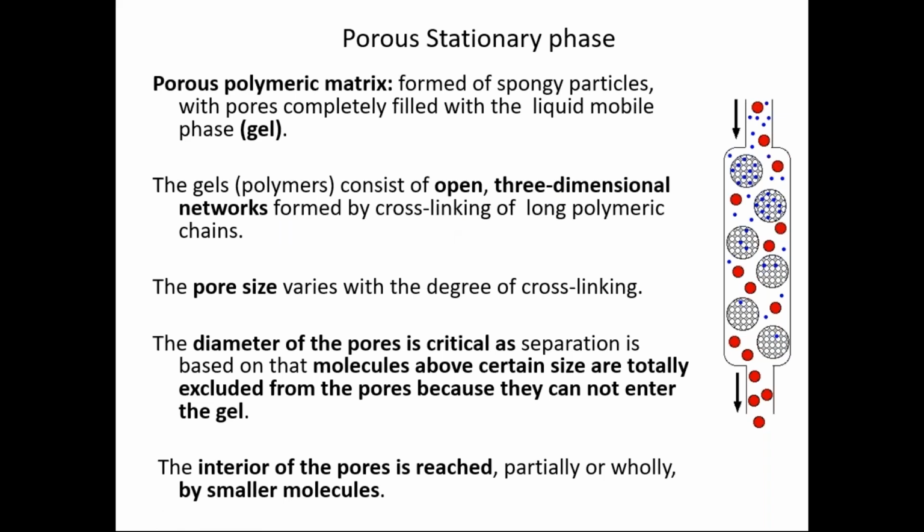The pore size is dictated by the degree of cross-linking, and the diameter of the pores is the one which tells you which molecules will be excluded and which molecules will be included. So here is a method by which you can separate analytes based on their size.